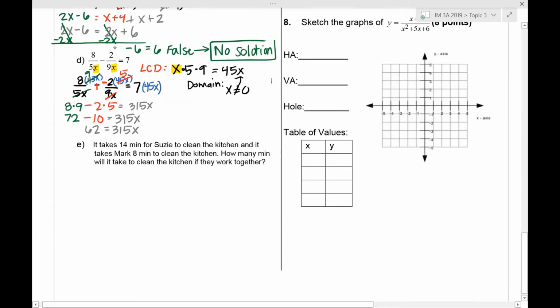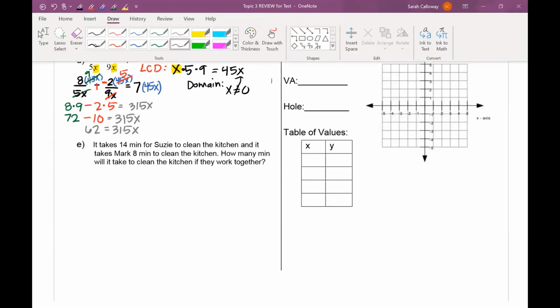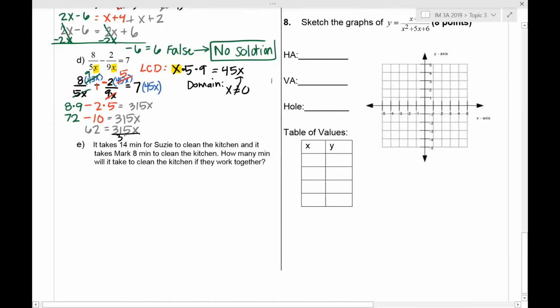So if I divide both sides by 315, x is 62 over 315, which is about 0.20 if I round it to the nearest hundredth, as it said in the directions.